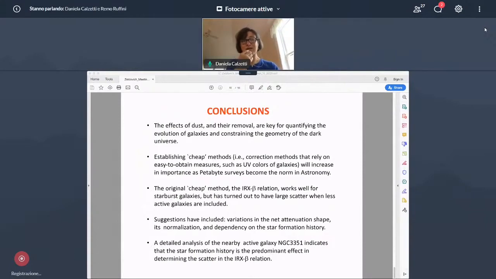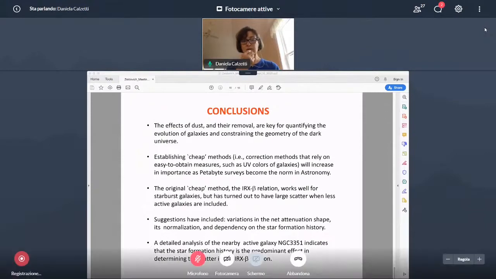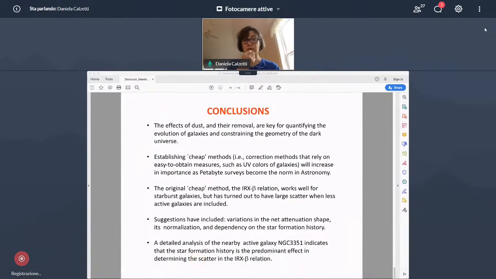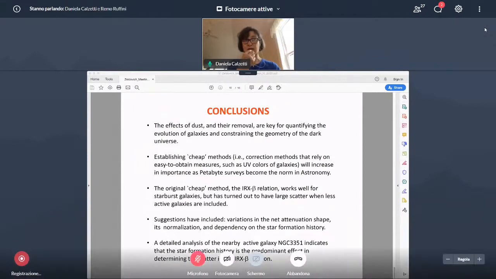So tensions are in reality in the assumptions that are made to reconcile measurements. When you're trying to reconcile, for instance, the infrared measurements and the UV measurements of galaxies at redshift 2, you're making assumptions on what you believe are the underlying stellar populations and the dust properties of those galaxies.